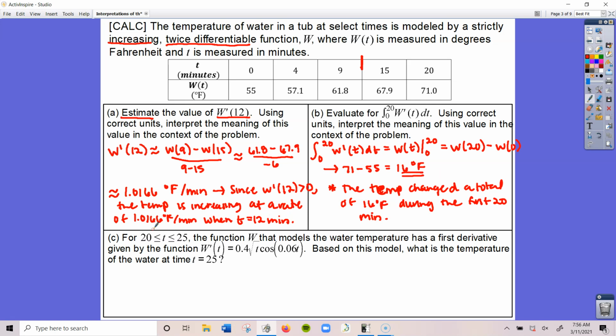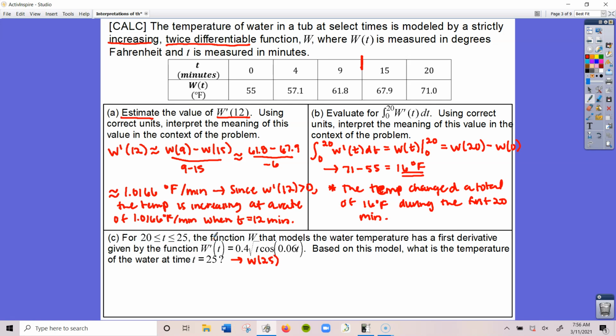Now for this next part. For t between 20 and 25, the function w that models the water temperature has its first derivative given by w prime of t equals 0.4 times the square root of t times the cosine of 0.06t. Based on this model, what is the temperature of the water at time t equals 25? So what we're looking for here is w of 25.